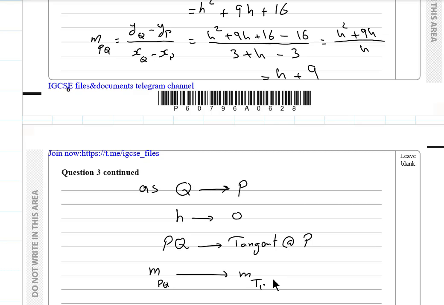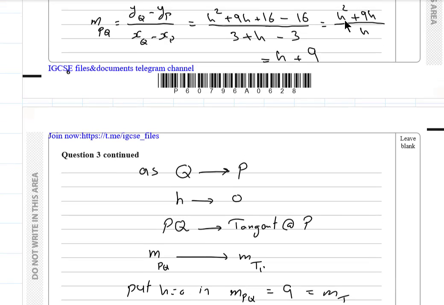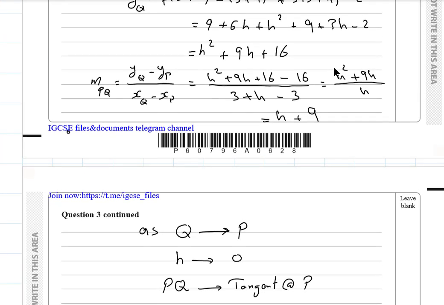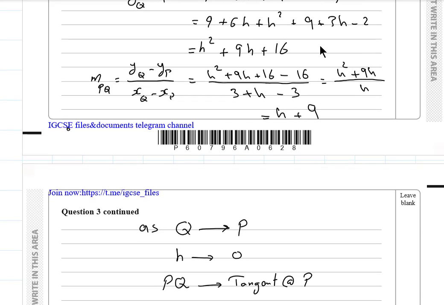If we put h equals 0 in m_PQ, it will be 9 as the gradient of the tangent at P. Okay?